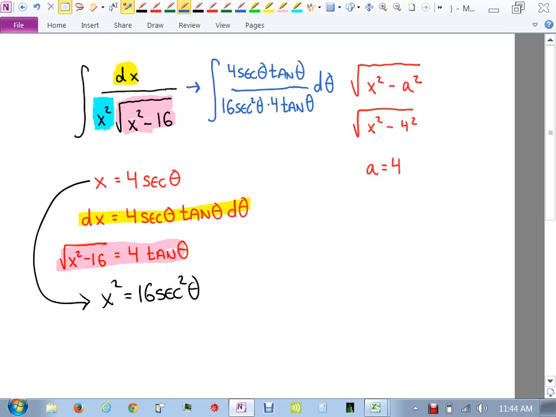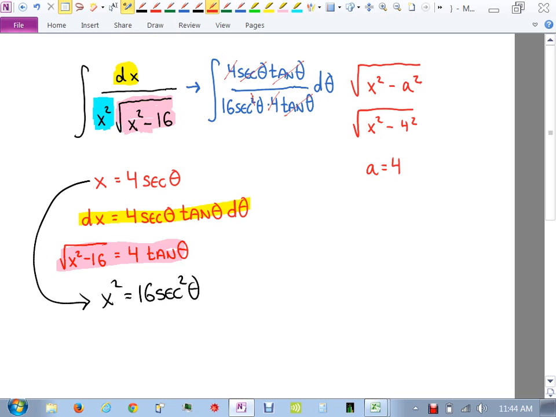Start canceling some stuff here. Let's see. I'm going to cancel the 4s here. I can cancel the tangents. And 1 secant on the top cancels with one of those secants on the bottom, right? So the only thing I'm left with is a 1 on top, right?